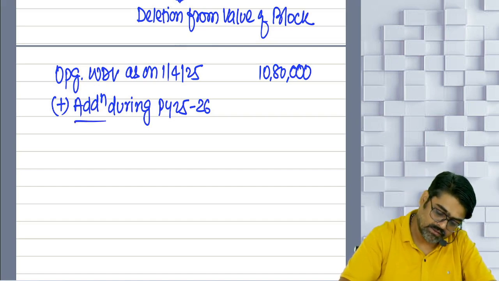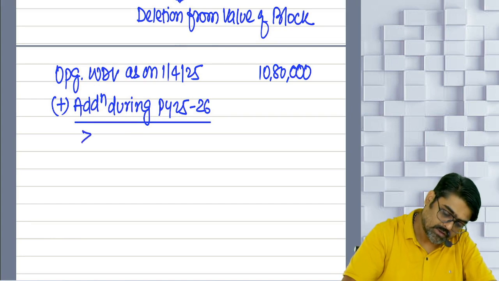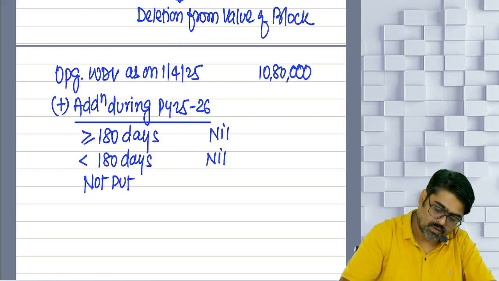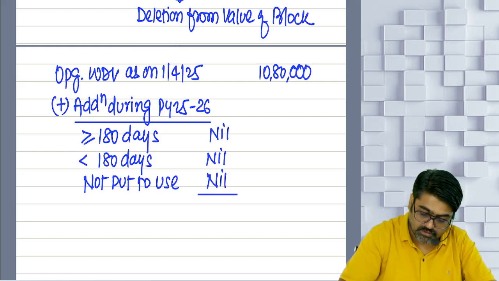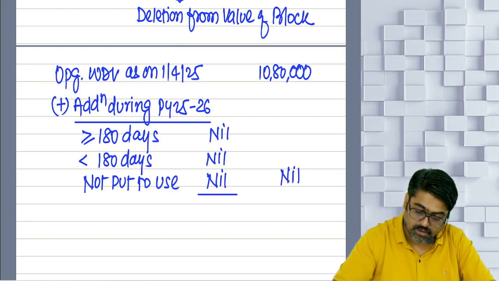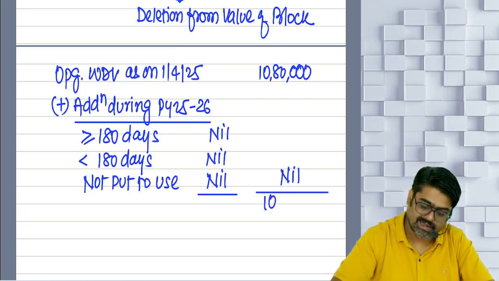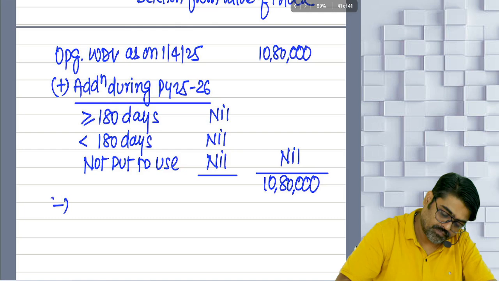That means additions of greater than or equal to 180 days: nil. Less than 180 days: nil. And not put to use: nil. Nil plus nil plus nil will be nil. Nil plus 10,80,000. Same amount you are getting on your calculator also, no? 10,80,000.